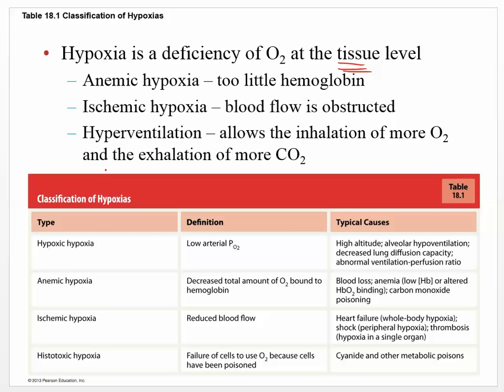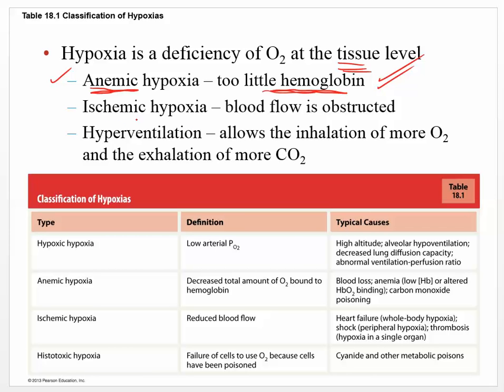We have several different types here, and these are just terms that you need to remember. Anemic hypoxia is when you can't get enough oxygen because you don't have enough hemoglobin, or you might not have enough red blood cells to carry the hemoglobin. Either way, you don't have enough hemoglobin, and so you don't have the oxygen that's binding to it.